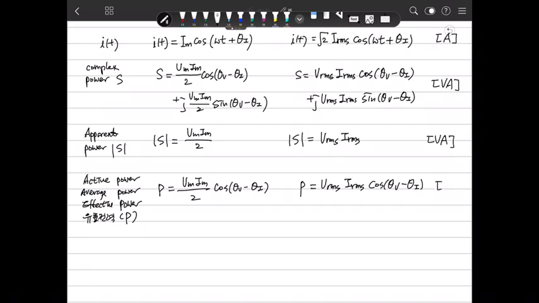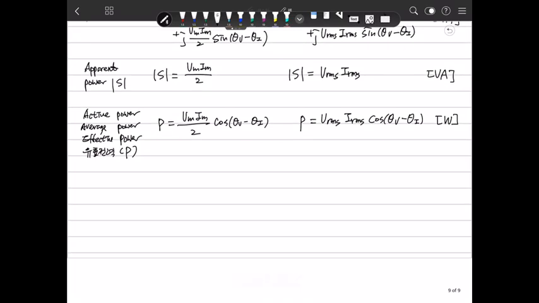In the case of the active power, it is watt. The only remaining one is reactive power.